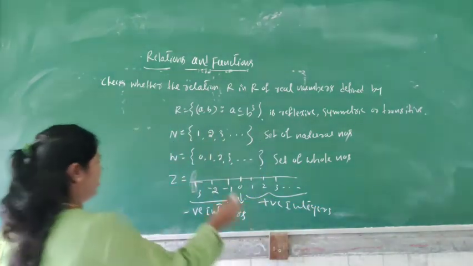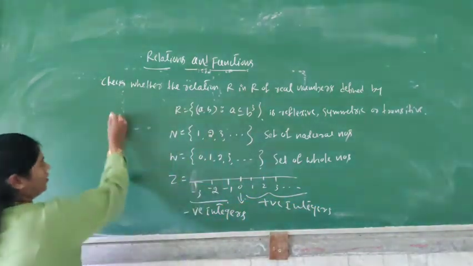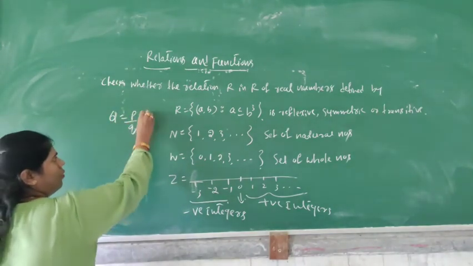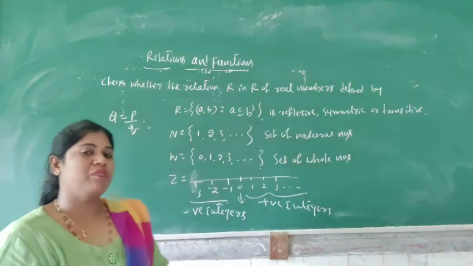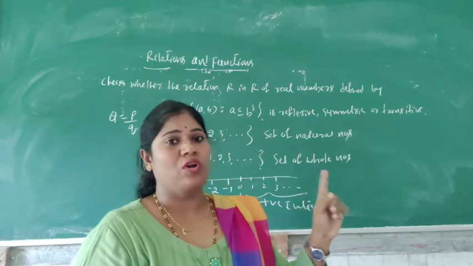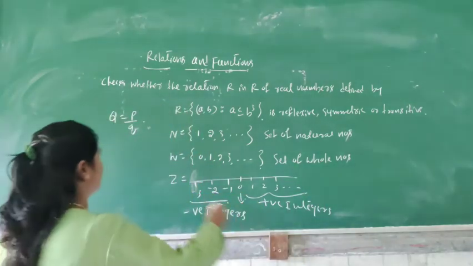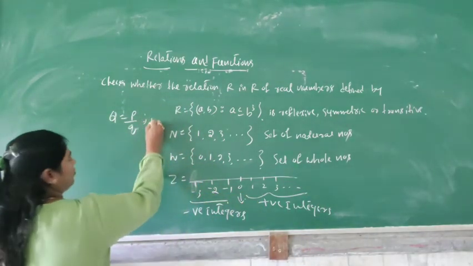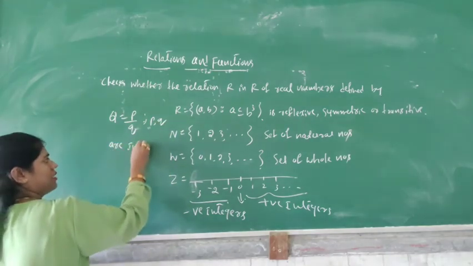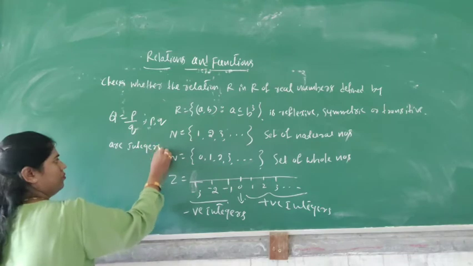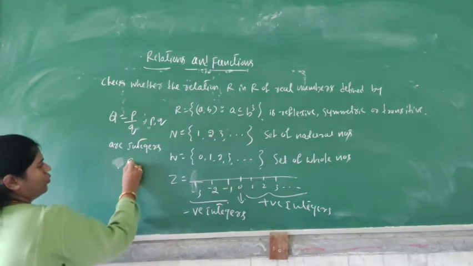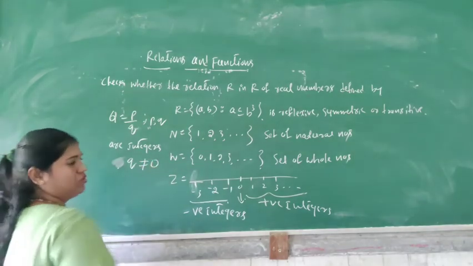It should be in the form of P by Q, where P and Q are integers and Q should not be equal to 0.